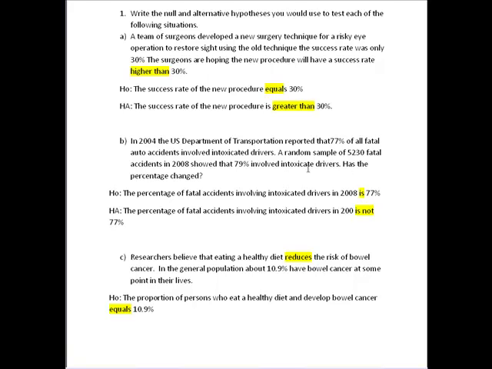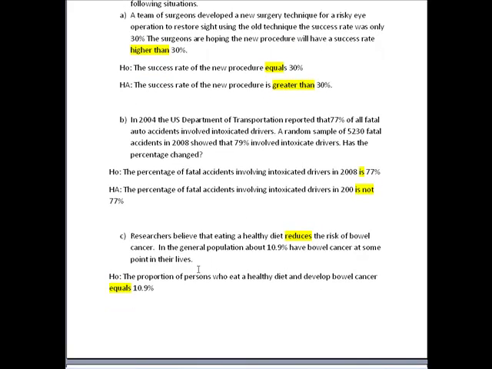Has the percentage changed? So the null hypothesis is going to say nothing is different. The percentage is still what it was back in 2004, namely 77%, and it will include an equal sign or is. The alternative will say that it is different, that it has changed. We're not going to put a greater than or less than because nothing was specified in the statement of the problem.